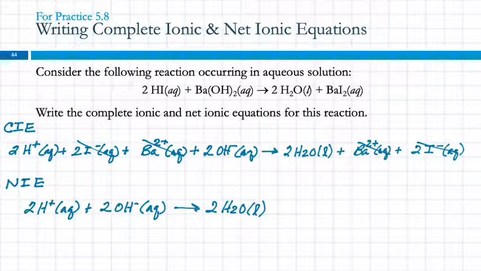Is there anything weird about that equation? Are the coefficients in the lowest ratio possible? 2, 2, and 2. Could make that 1, 1, and 1, right?